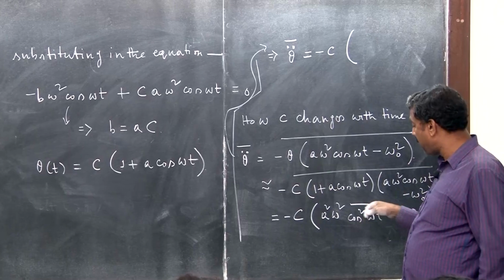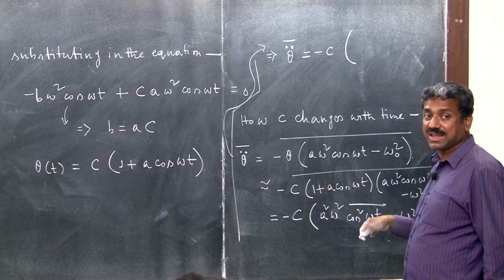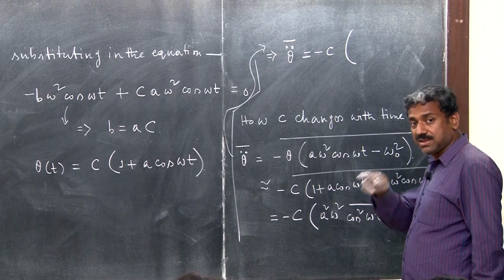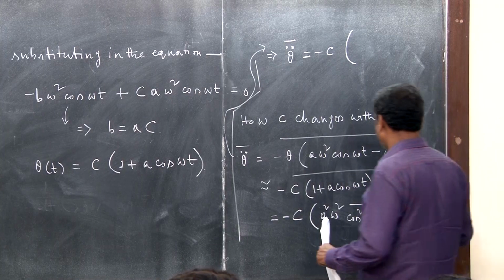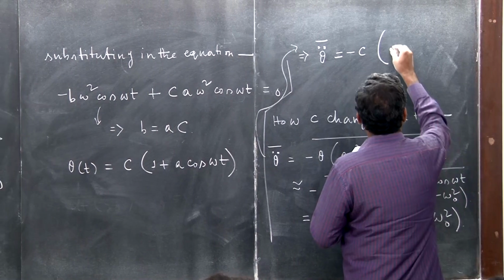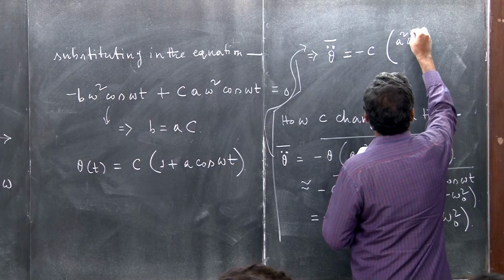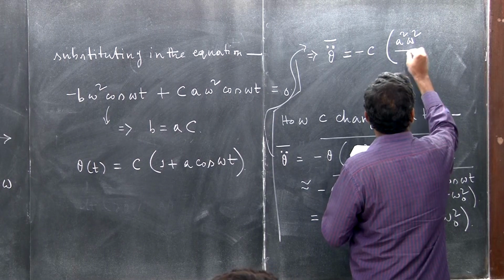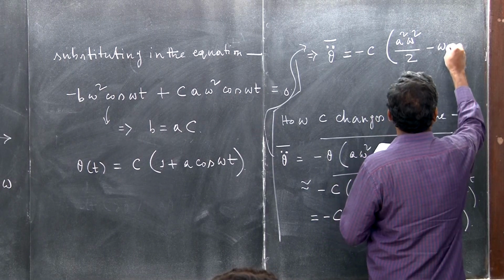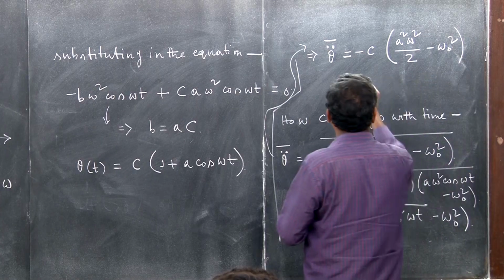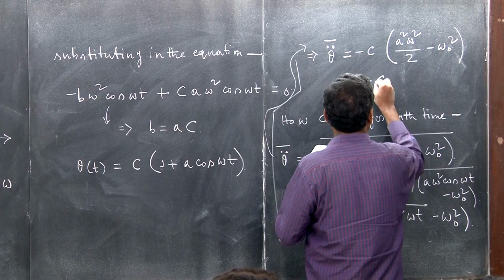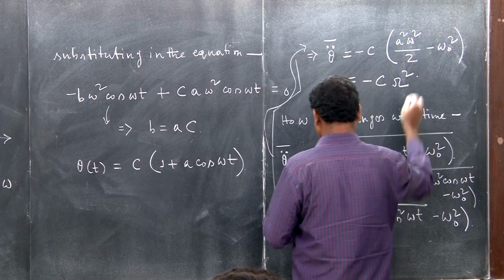Bar means I am integrating over a complete cycle. Then you get a square omega square divided by 2 minus omega 0 square, and that is nothing but minus capital C capital omega square.